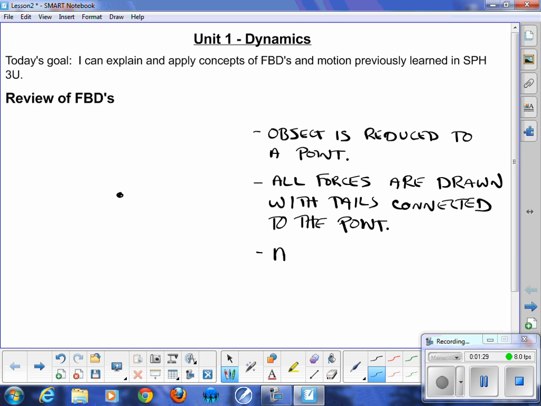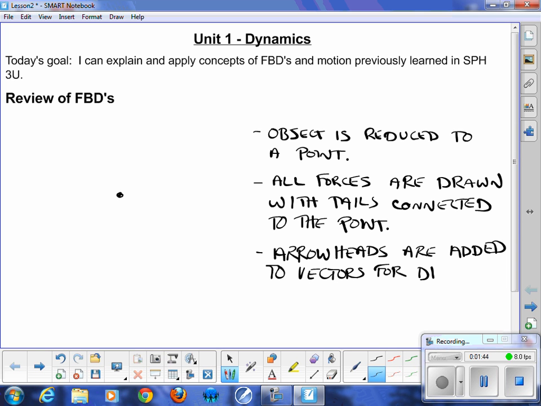All right, arrowheads are added to vectors for direction. And finally, the name or magnitude should be labeled.